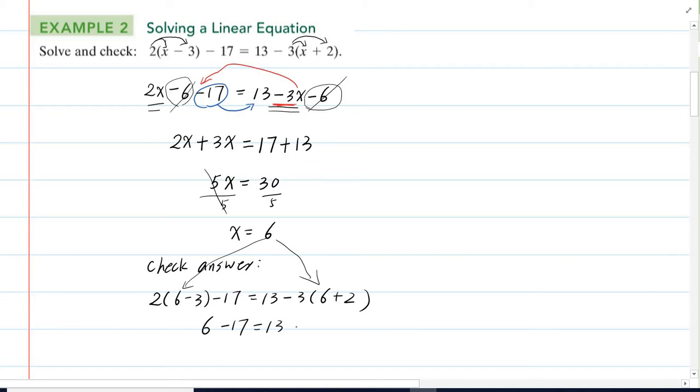This is the order of operations. Then we have 8 right here, that will be minus 24. We're checking left and right to see if they're the same number. That's going to be negative 11, and here we also have negative 11. Which means we got this question right.